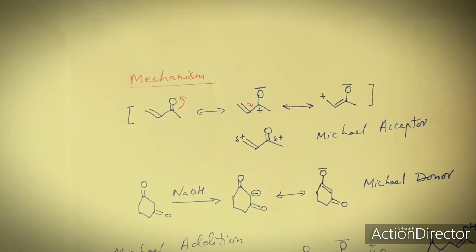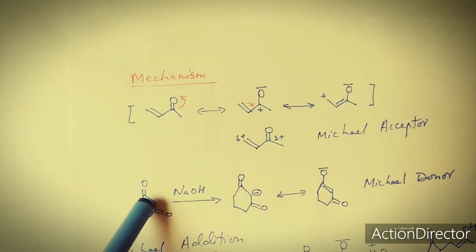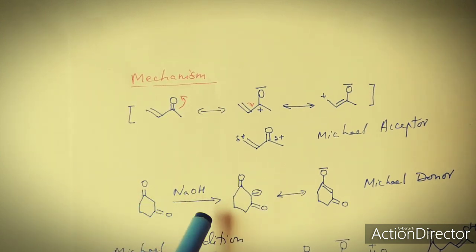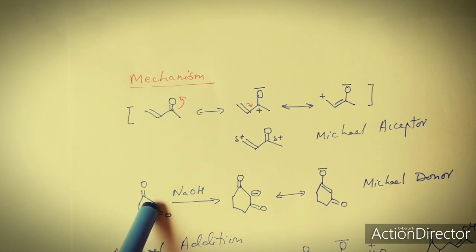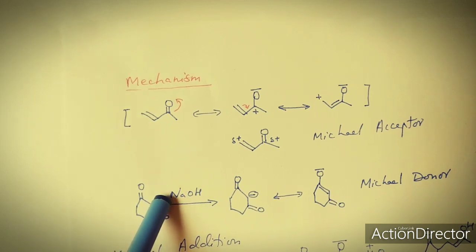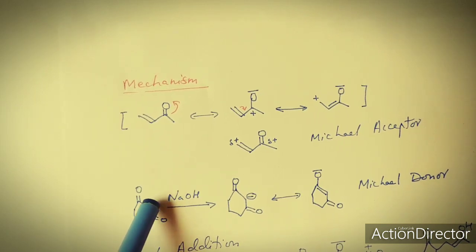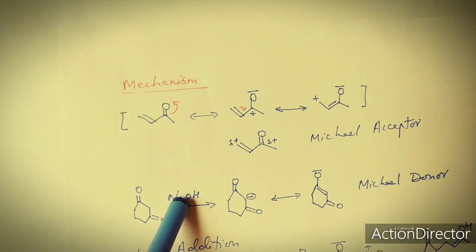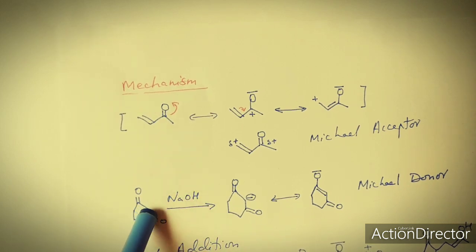Now, this is our Michael donor. Michael donor means two electron withdrawing groups, with the CH2 in between. This, in the presence of a base, because it is CH2 in between two electron withdrawing groups, they are withdrawing electrons from carbon, carbon in turn from the H's. So the carbon-hydrogen bond becomes weak and can easily be pulled by a base, OH negative, in the form of H positive.